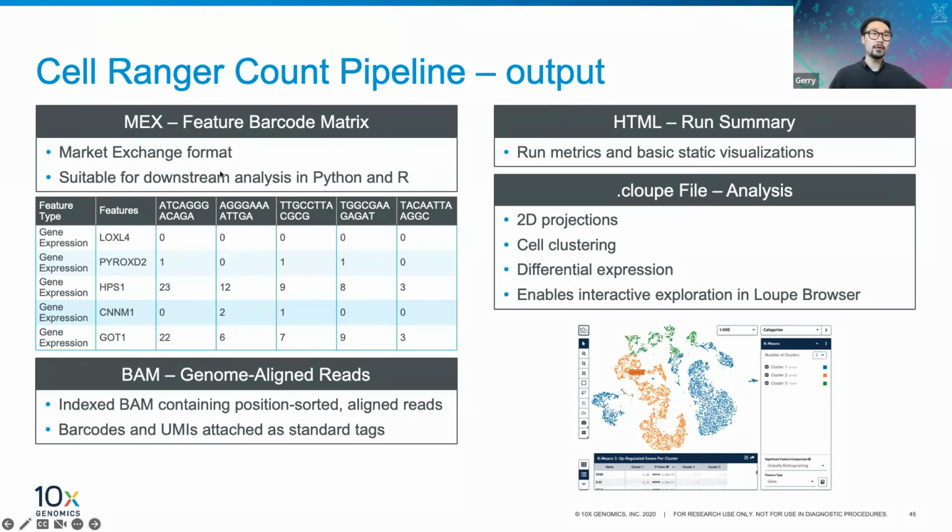This is kind of a repeat, but basically Cell Ranger will spit out a bunch of outputs that you can then take onto downstream analysis in Python and R. The most important thing to take note of is the HTML run summary. This summary contains the run metrics and basic visualizations for your data.